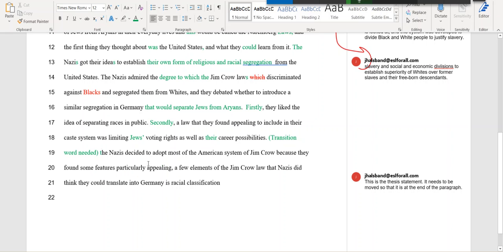The Nazis decided to adopt most of the American system of Jim Crow because they found some features particularly appealing.